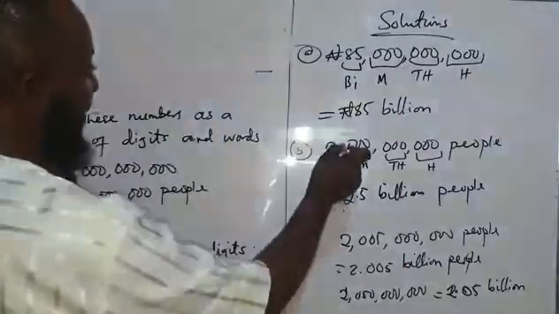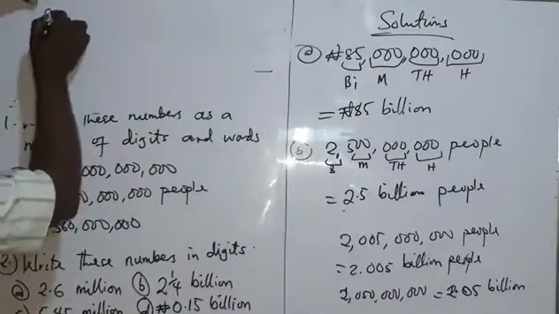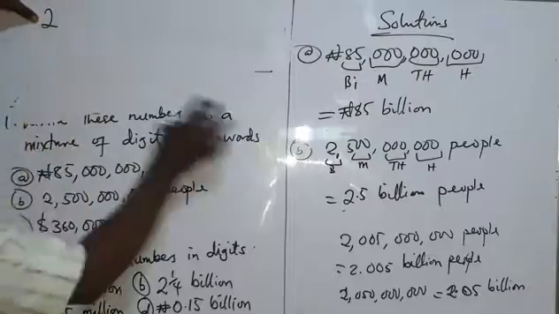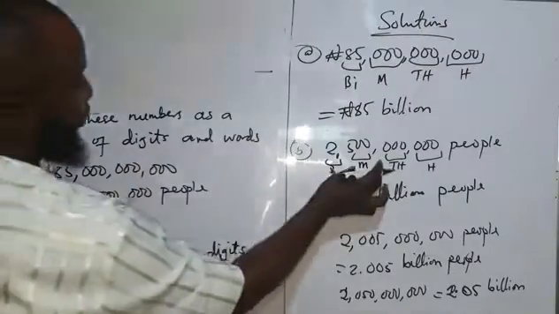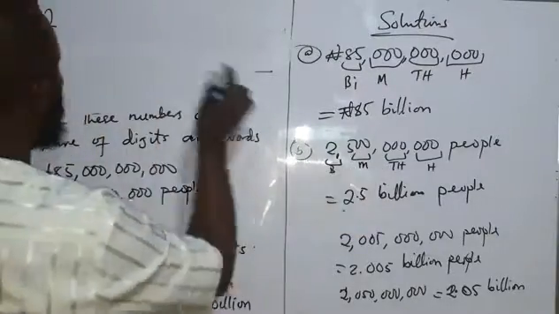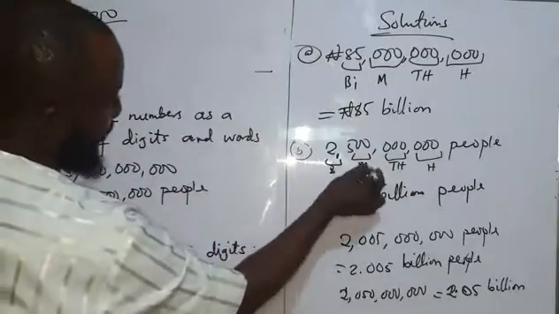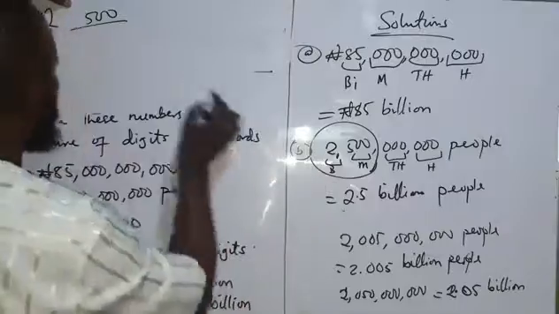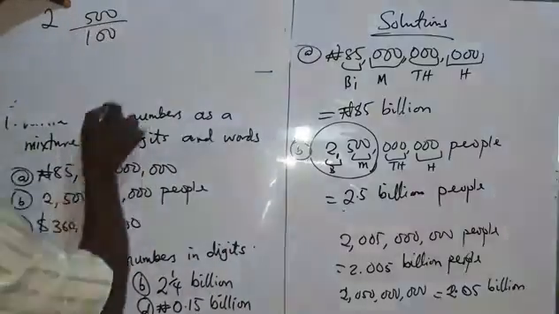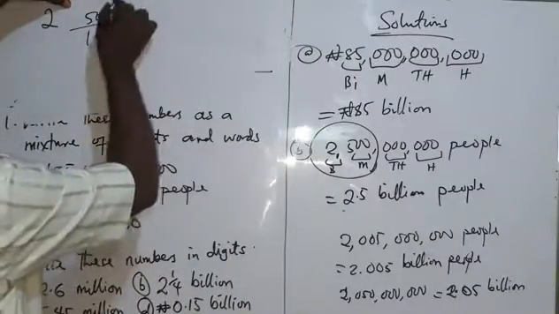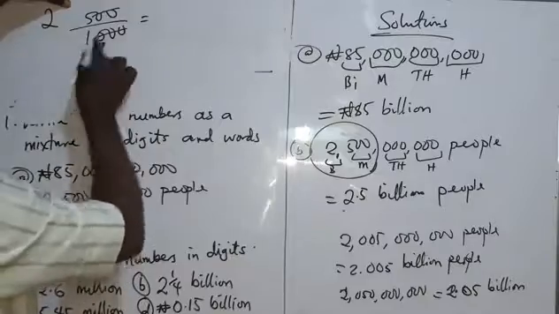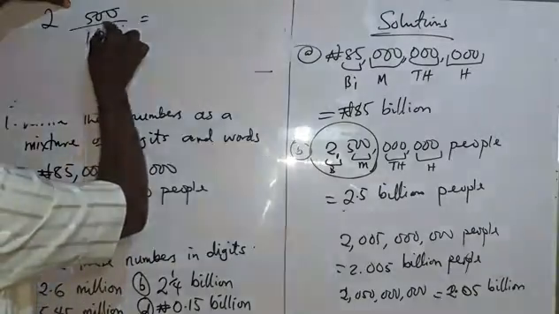So what we have here is, we know that the first 2 is 2 billion. Why this one, 500, is under what? Million. So 500 is divided by 1000. You can see we're considering this. So 0 cancels 0, 0 cancels 0. 2 zeros here.